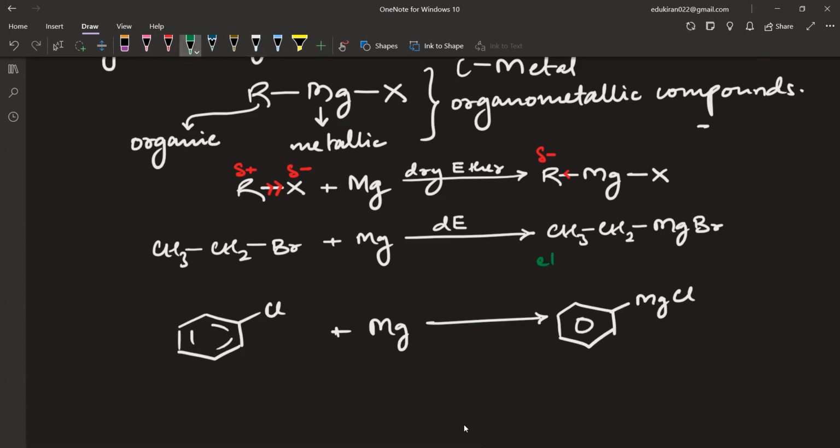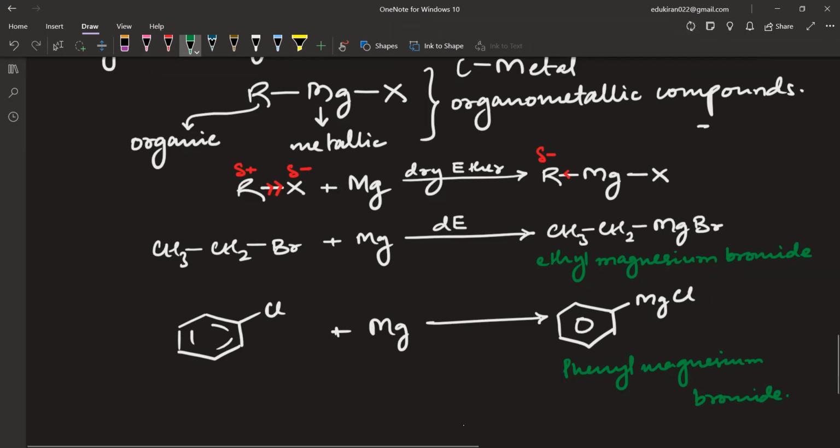The first structure here is ethyl magnesium bromide. This is phenyl magnesium bromide. Write the examples down. Let me know when you are done. Chloride, sorry.